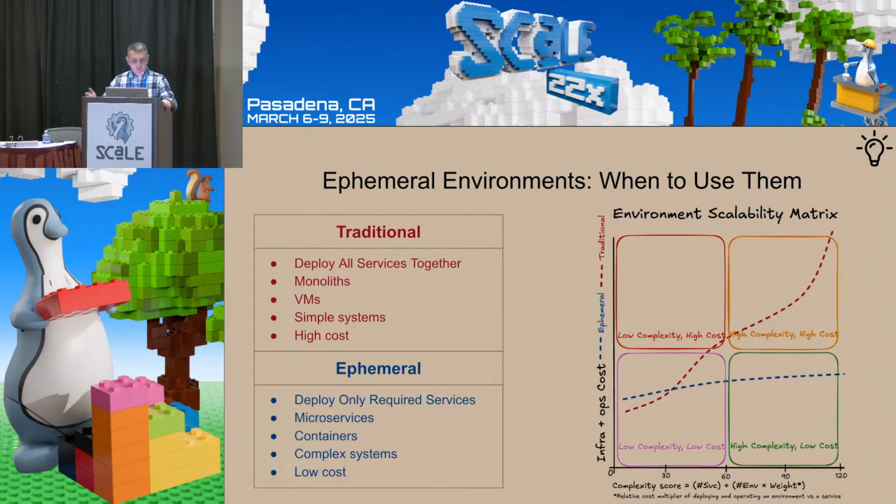And if you look at the matrix on the right, you can see that the cost of a static environment in a traditional, static infrastructure starts pretty low because you might have just one infrastructure. In contrast, the ephemeral starts a little bit high because you're running this tool or the infrastructure to support this.